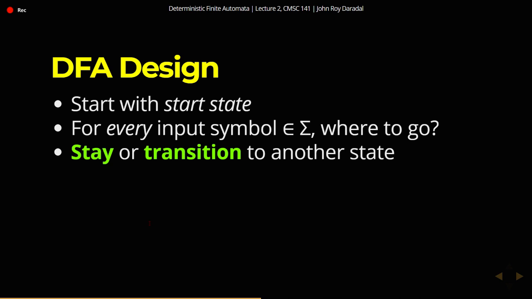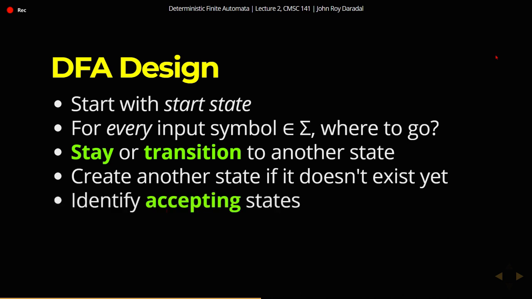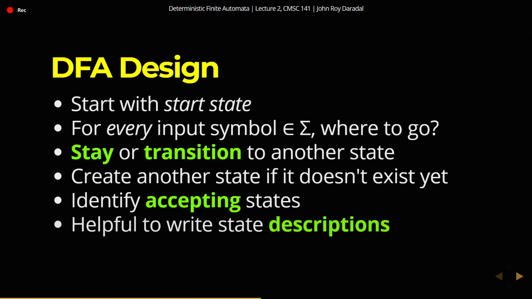Should you stay in the current state or should you transition to another state? If the state does not exist yet, then you create it. You add a new state if it does not exist, and later on, you identify which states are the accepting states. You wrap them in double circles.